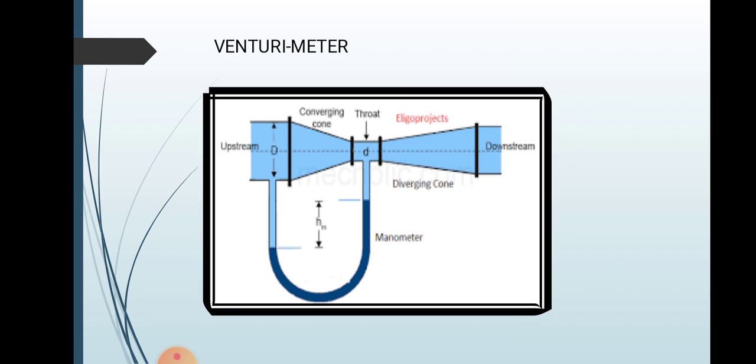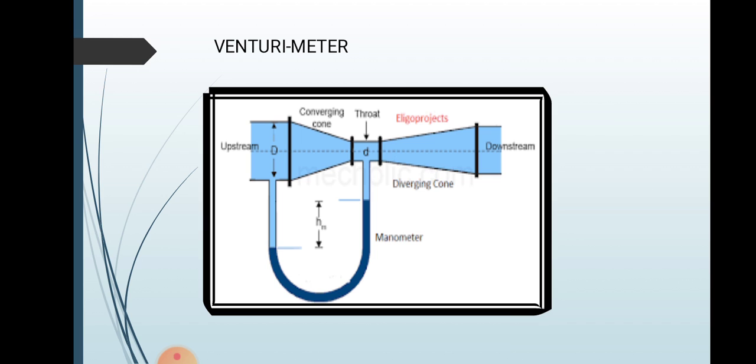I already discussed there are three sections: converging cone, throat, and diverging cone. With the help of the manometer we can measure differential pressure.